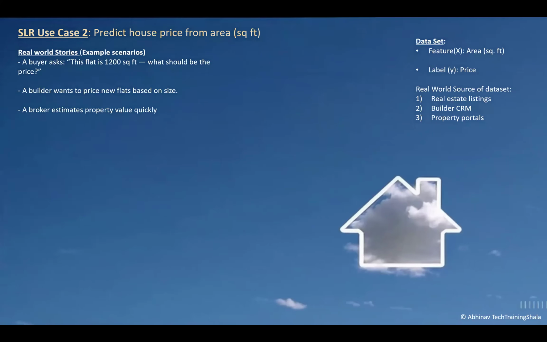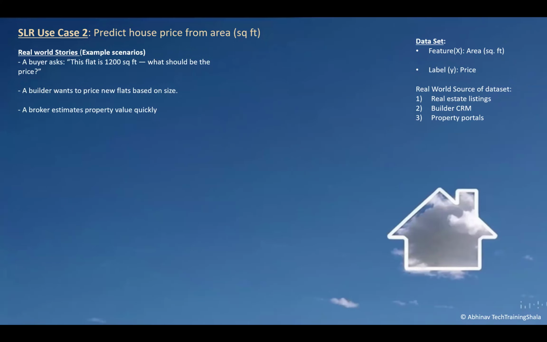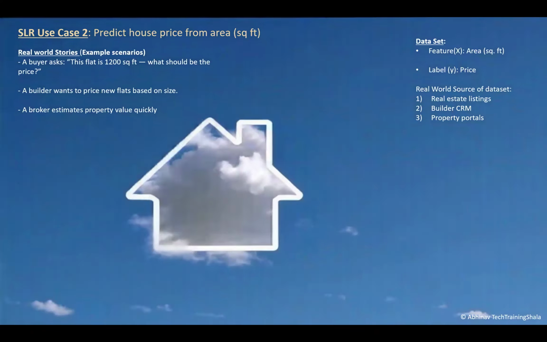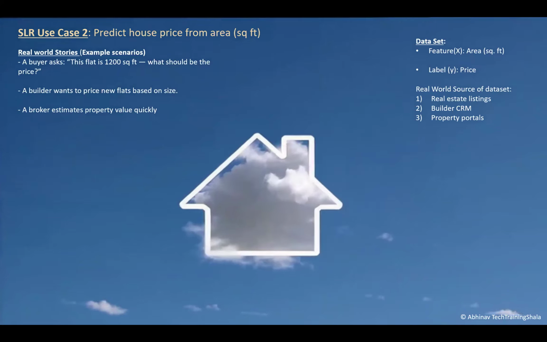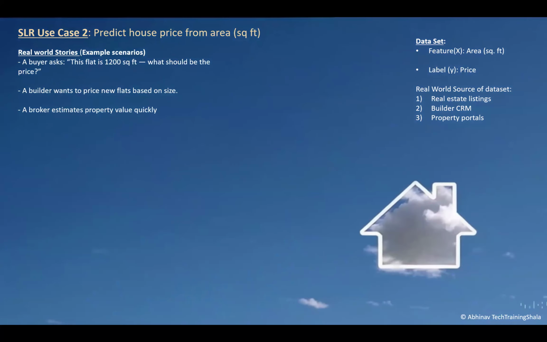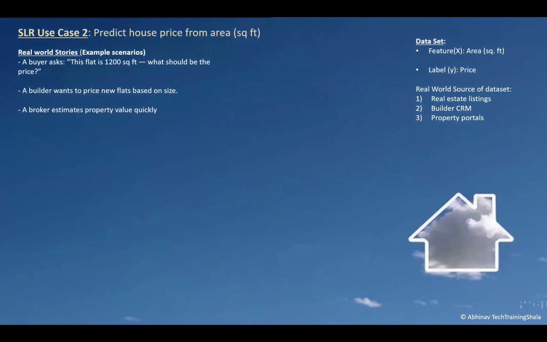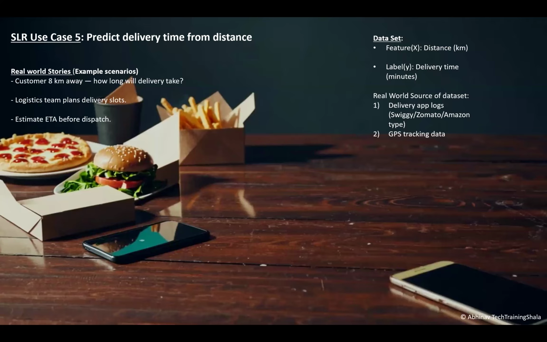The real world source of data set for this will again be real estate listings and builder CRM. So there are many ways in which we can get the data, right? This data we can feed to our machine and then do further analysis. So these are some of the use cases for simple linear regression.